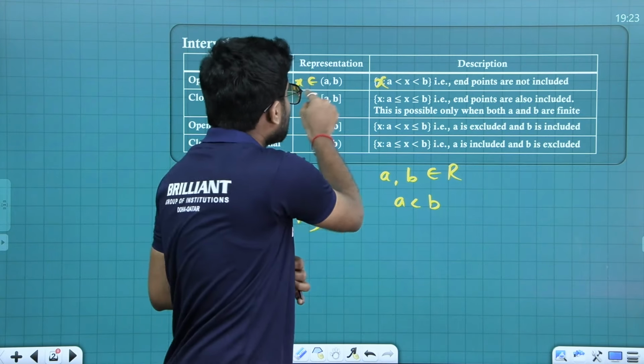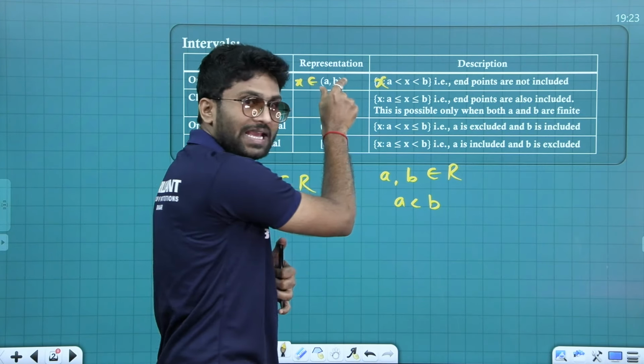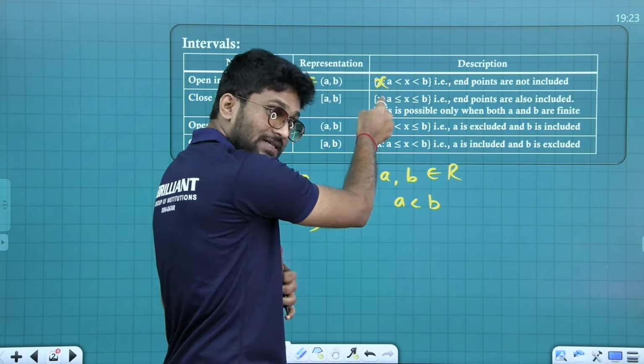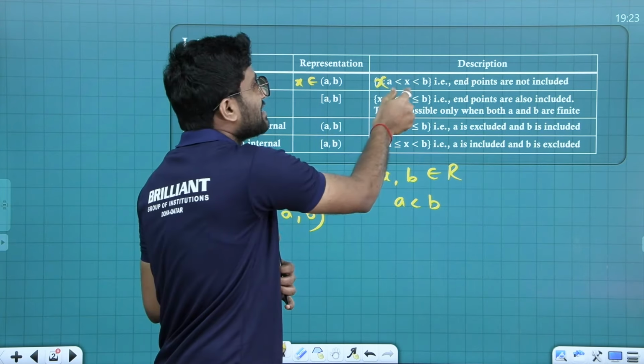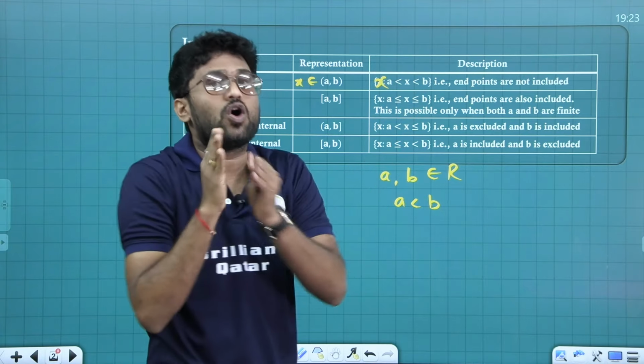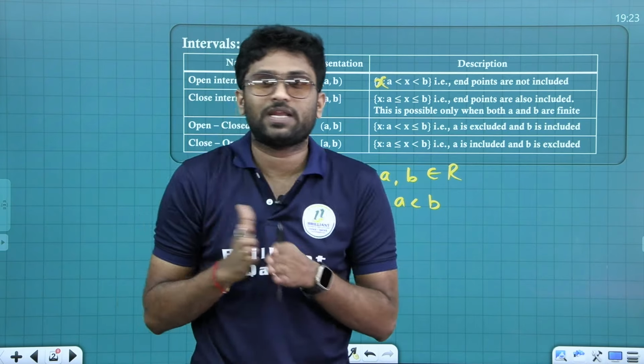Okay? If x belongs to open interval a comma b, then x lies in between a and b. X takes all the real numbers which lie in between a to b.